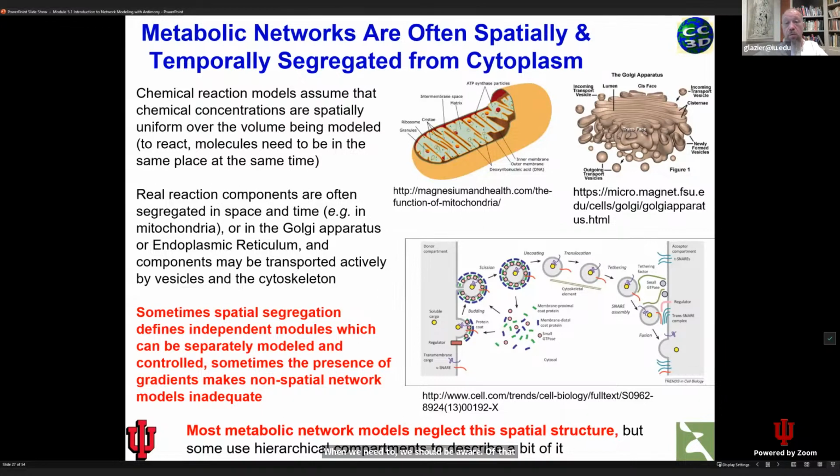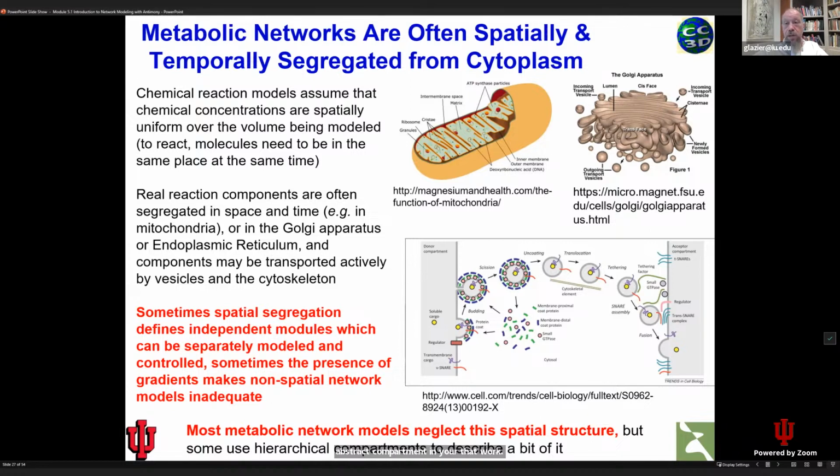It's remarkable how well network models work, neglecting spatial segregation. But sometimes you'll need to have, for example, a nuclear compartment in your cell, or a mitochondrial compartment in your cell. You may represent that spatially, or it may be a concept of an abstract compartment in your network. But you do have to be aware of that.